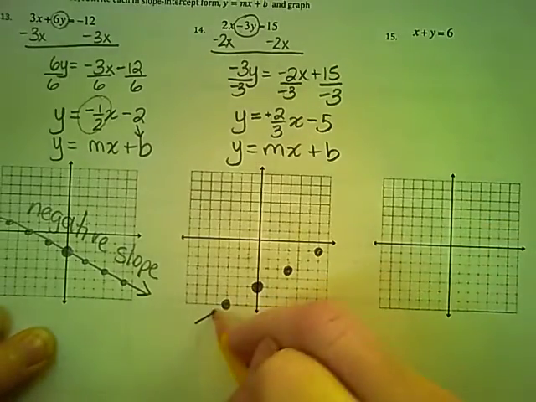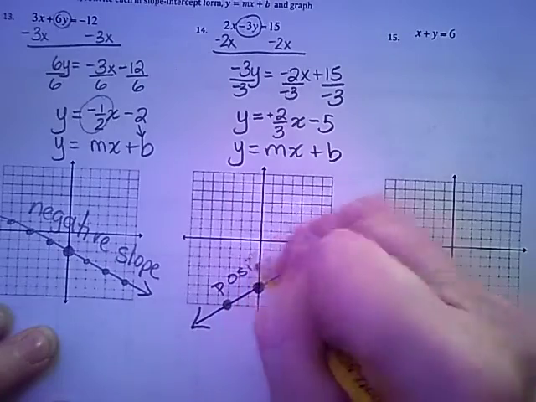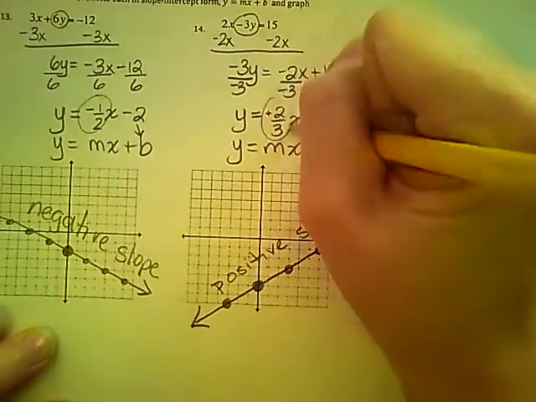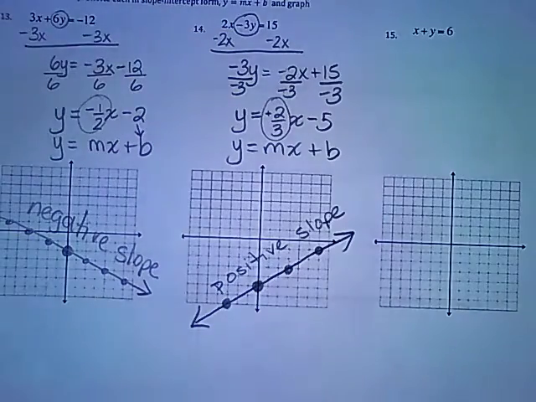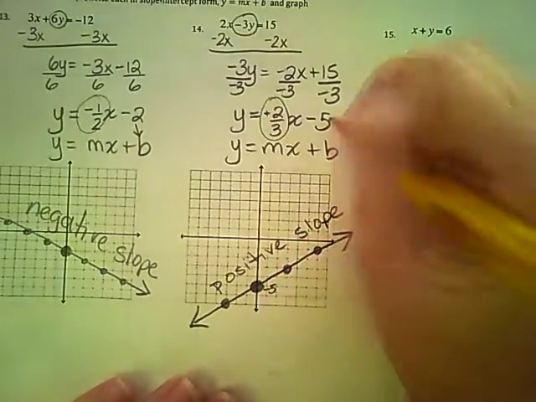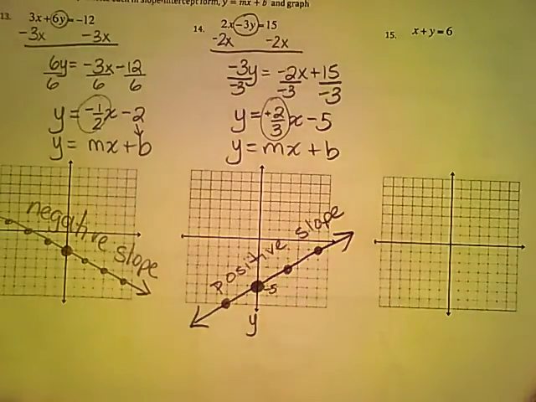Either way you go, notice how I've created a positive sloped line. And it was a positive slope in my equation. Notice how right here is where I started. The negative 5 is my y-intercept. So careful on that.